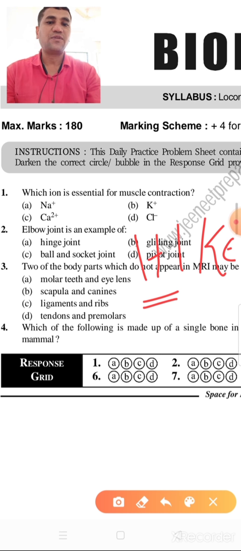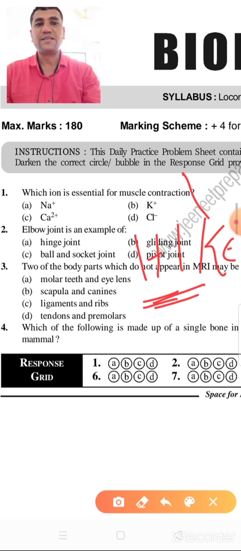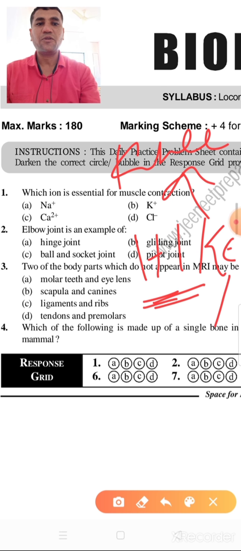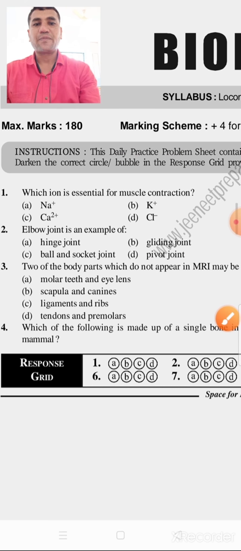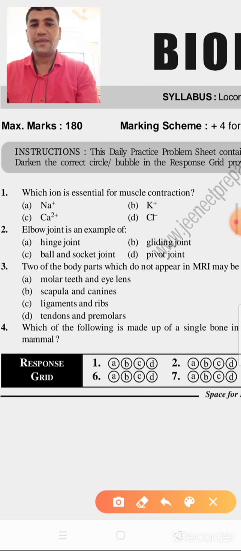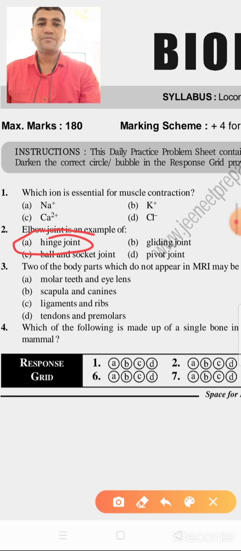H stands for the hinge joint, HI stands for the hinge, K stands for the knee, and E stands for the elbow. So here the answer for the elbow joint is hinge joint. Answer A.